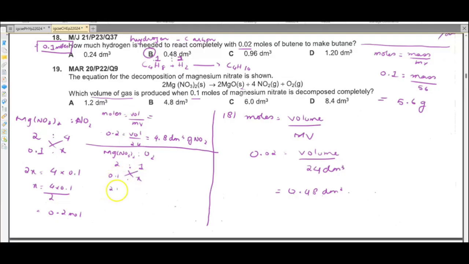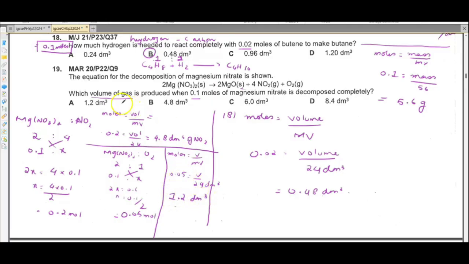The cross multiply is going to give us x is equal to 0.1 over 2, and this is going to give us 0.05 moles. So now once we have the moles of oxygen, we can easily find its volume by moles is equal to volume by molar volume. So moles were 0.05 and volume was this, and this molar volume value 24 decimeter cubes we are going to use. So this gives us the volume to be 1.2 decimeter cubes.